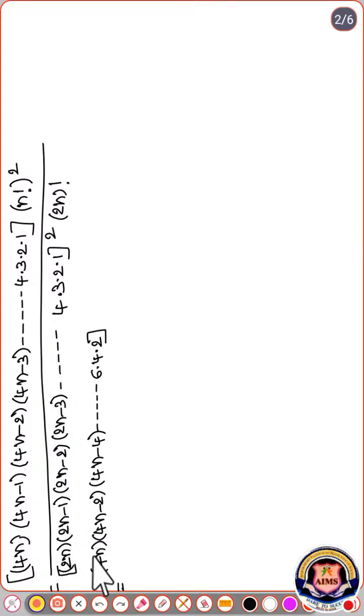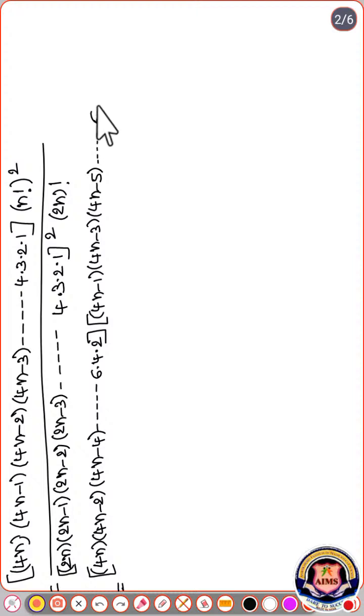After that, they are in multiplication, so we split as it is. In the odd numbers: 4n minus 1, next odd number 4n minus 3, again next odd number 4n minus 5, enough 3 numbers, and so on, ending with the odd numbers 5, 3, 1.